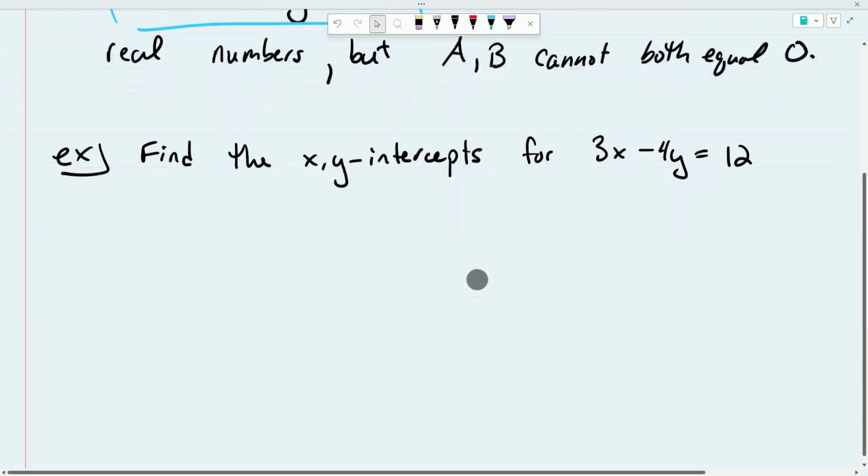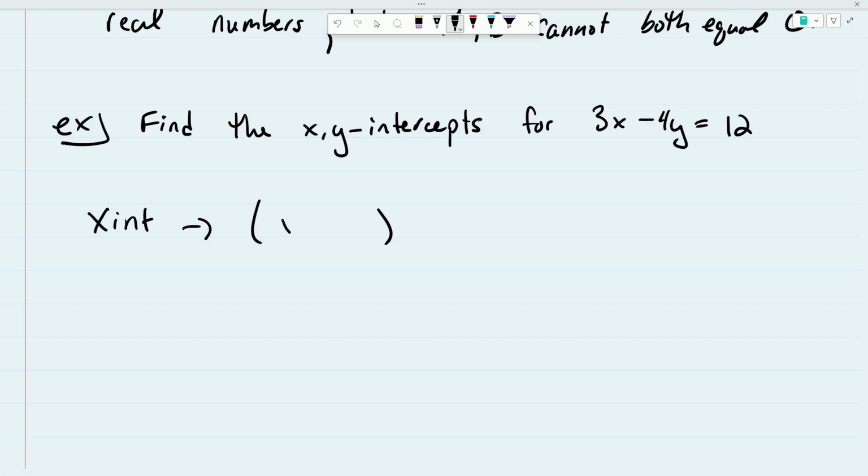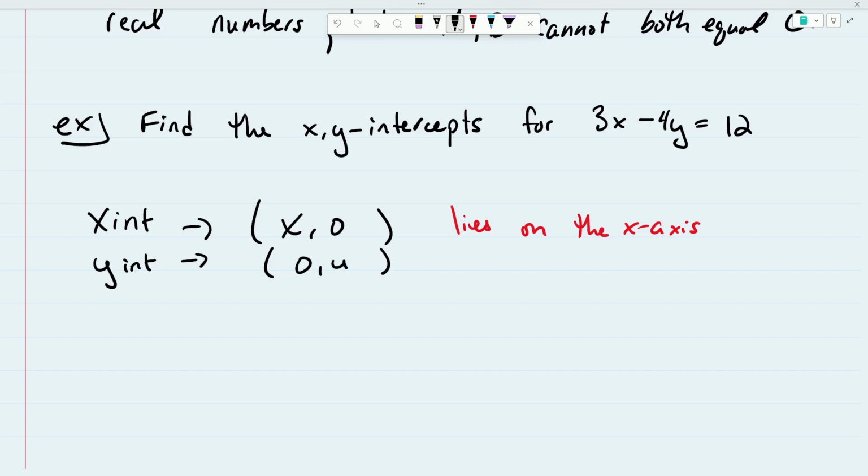And what we would have to remember here is at an x-intercept, the coordinates are going to be x comma 0, meaning that this point lies on the x-axis. At a y-intercept, well, that would have the coordinates 0 comma y, and this lies on the y-axis.